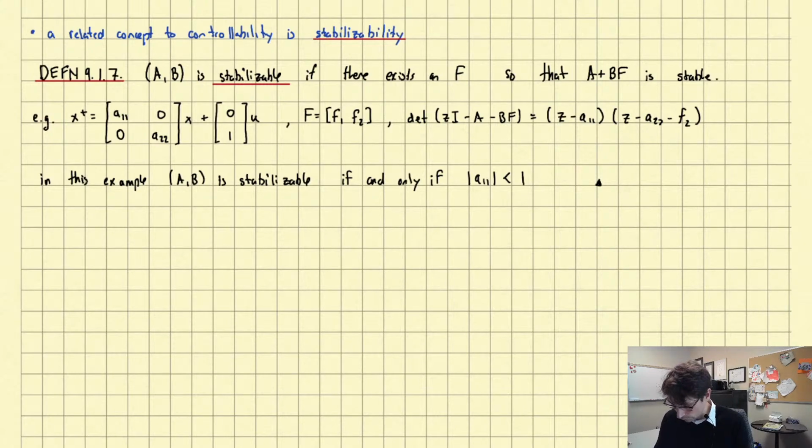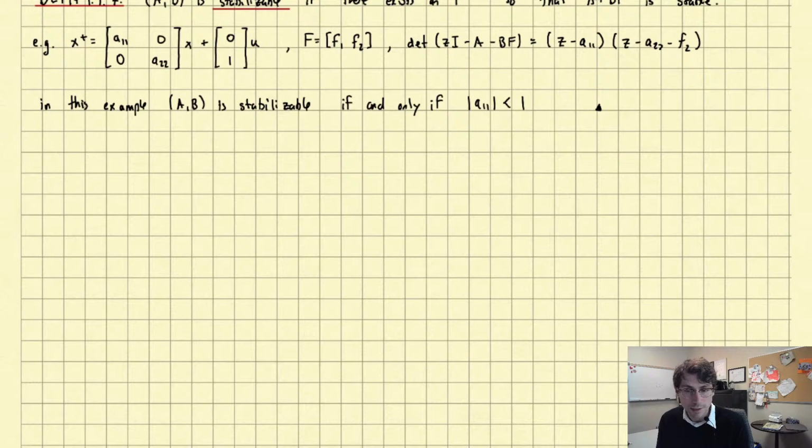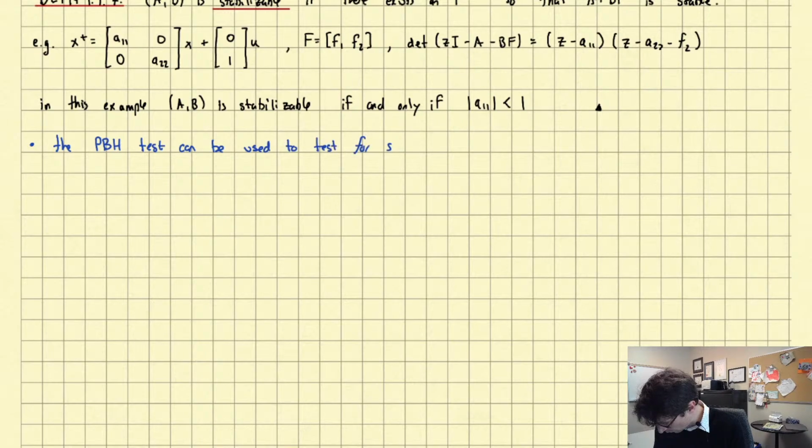Okay, so in terms of testing for stabilizability, we use the PBH test again. So the PBH test can be used to test for stabilizability. Okay, and the result is the following, stated without proof again.